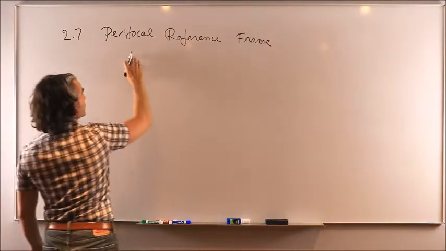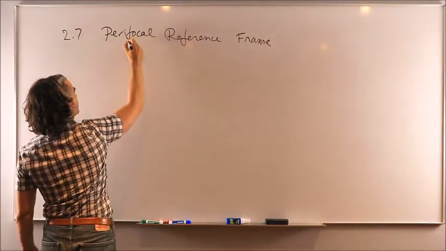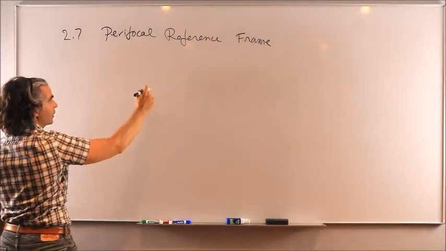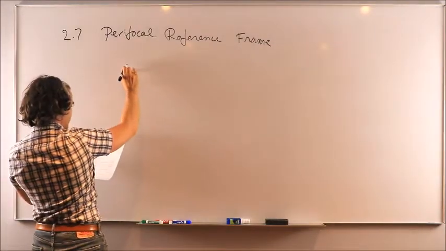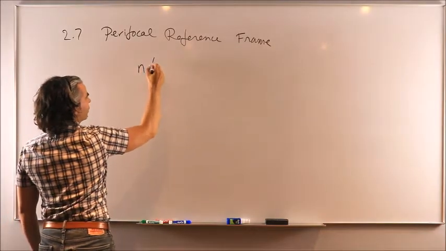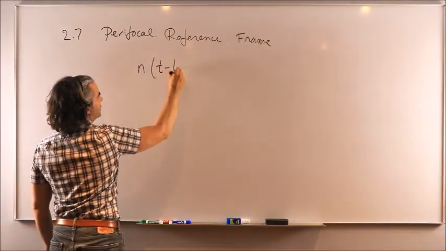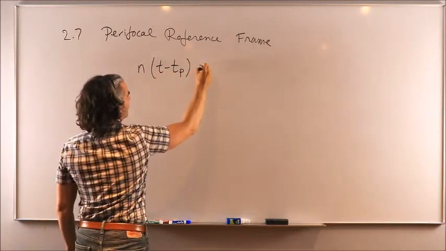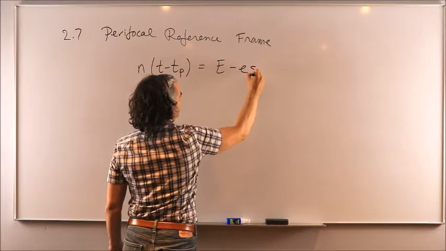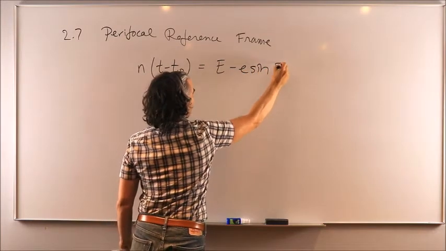But the first thing we actually need to do in the procedure to go from orbital elements to R and V, without even using that perifocal reference frame, is to use Kepler's time equation, which is n times (t minus TP) equals eccentric anomaly minus eccentricity times sine of eccentric anomaly.